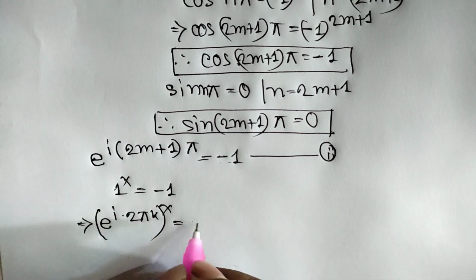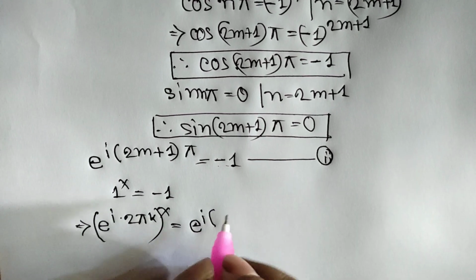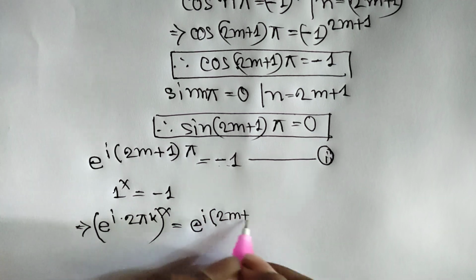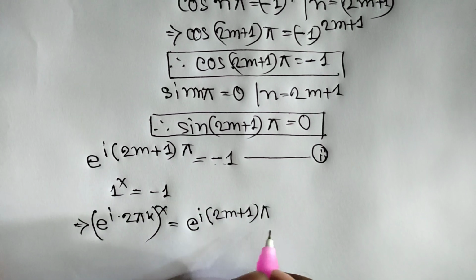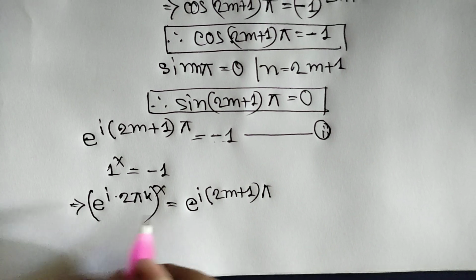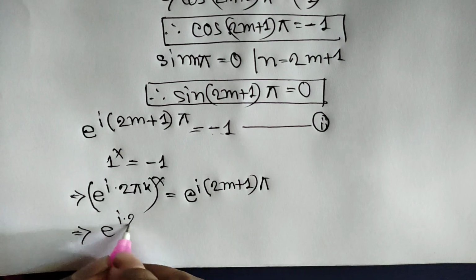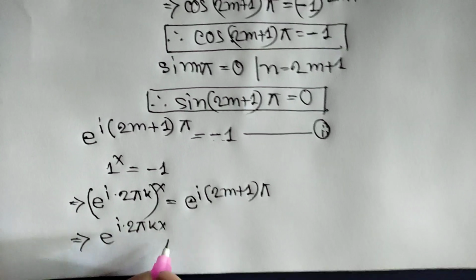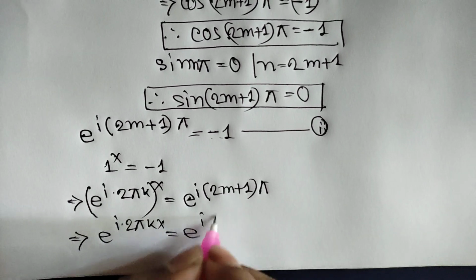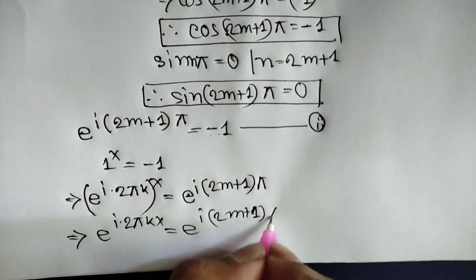So we can write here e to the power i times 2 pi kx is equal to e to the power i times (2m plus 1) pi.